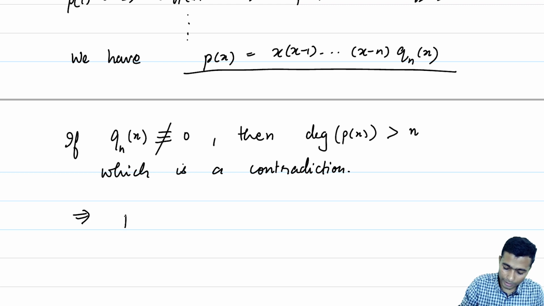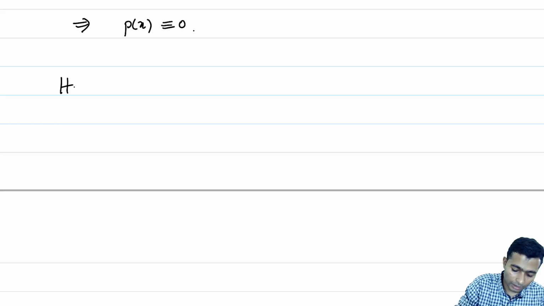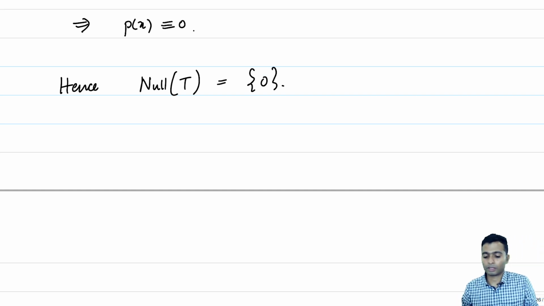This implies that P of x is identically equal to 0. So yes, we have established that the null space of T is just the 0 vector.